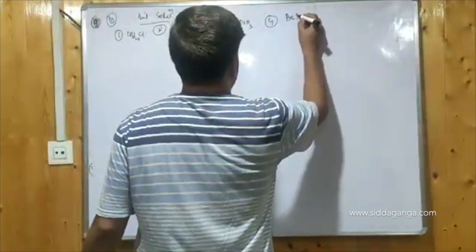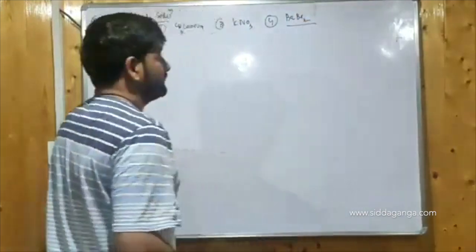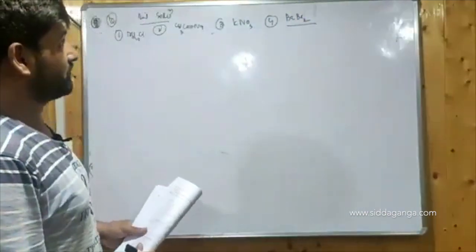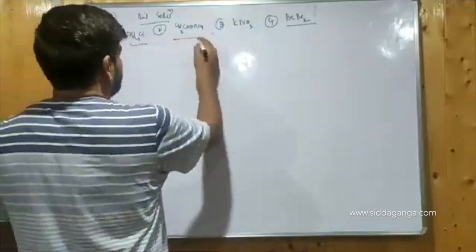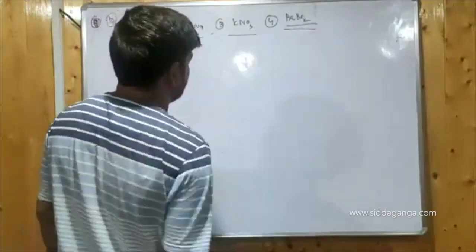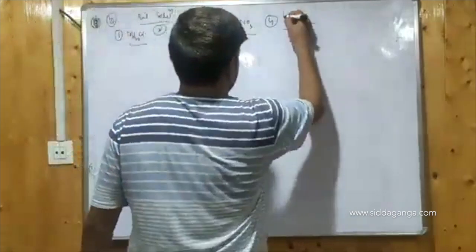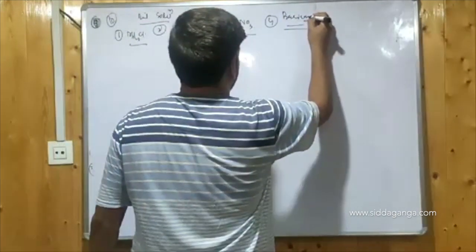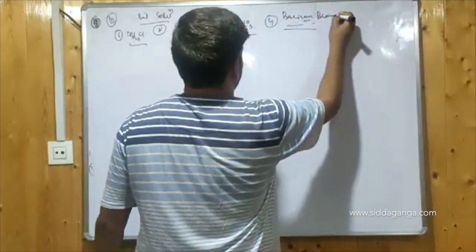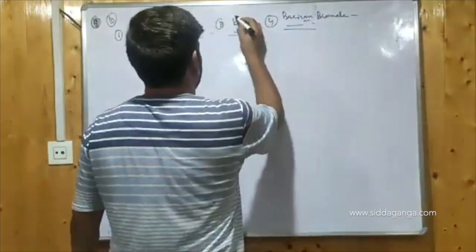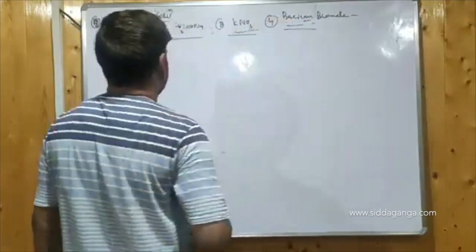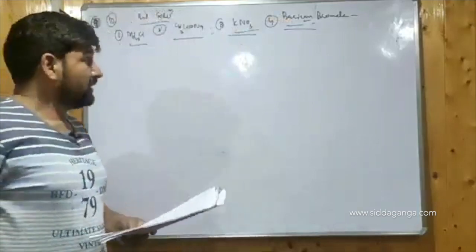So BaBr2, barium bromide, right? So this is ammonium chloride, sodium acetate, potassium nitrate, barium bromide. So I'll write it down. All right. Now look here.